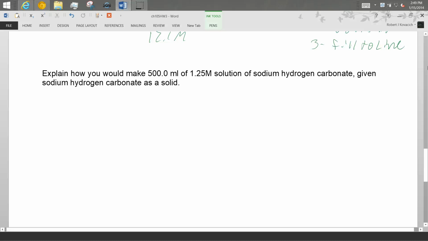What's the other name for sodium hydrogen carbonate? Baking soda, yeah. And then the other chemical name for it is sodium bicarbonate. That bi used to mean hydrogen attached to a carbonate, or another polyatomic ion.